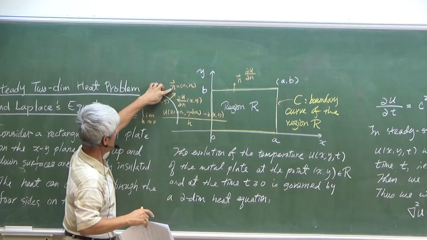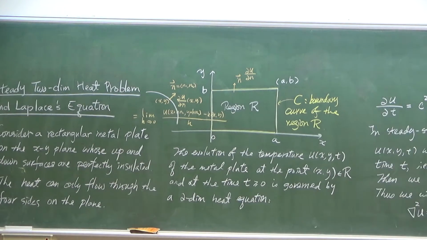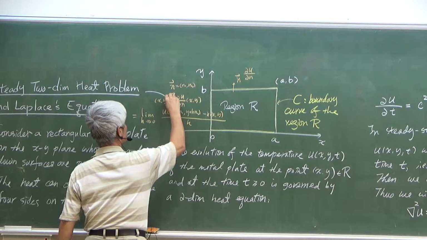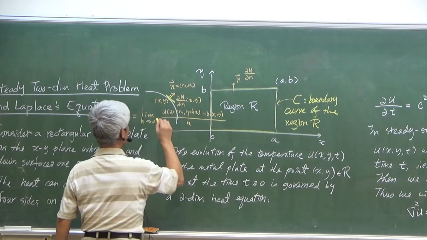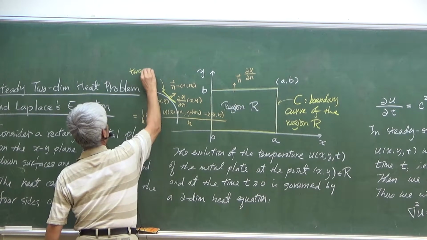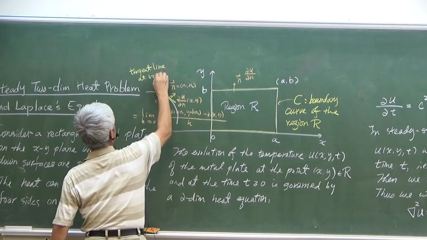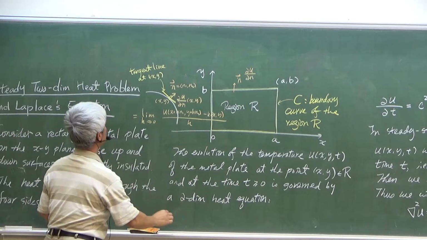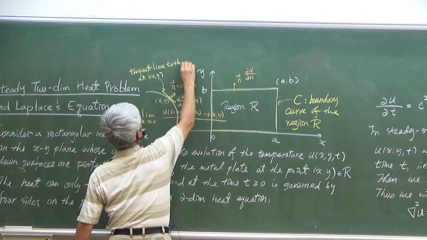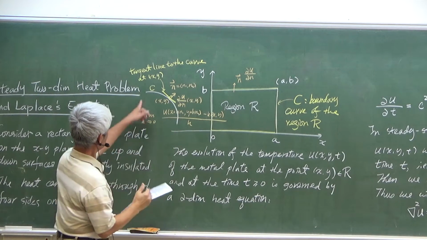Okay, and n is called normal because it is orthogonal to the tangent line to the curve.